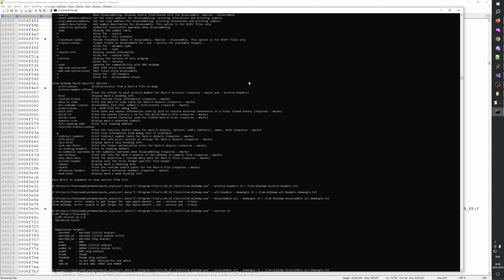So we do disassemble all minus triple equals x86. Then let's demangle all x86.